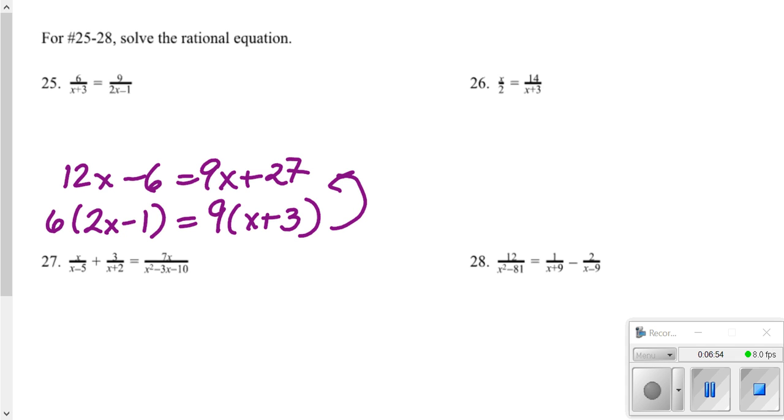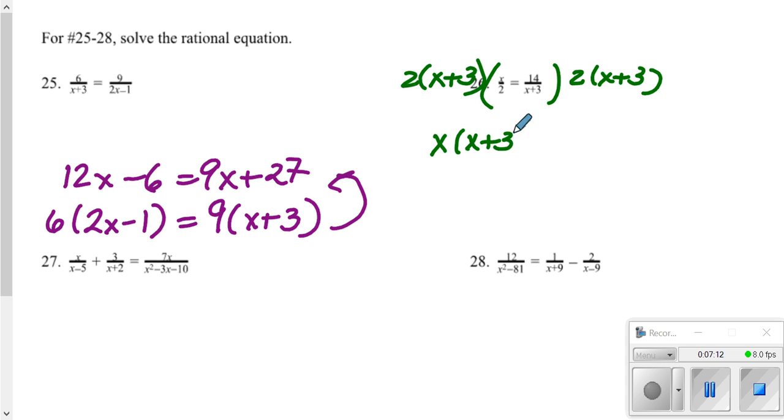All right, so with that idea, on this next problem, I could multiply through on both sides by 2 and x plus 3. If I multiply that on both sides of the equation, I will get x times x plus 3 equals 2 times 14.